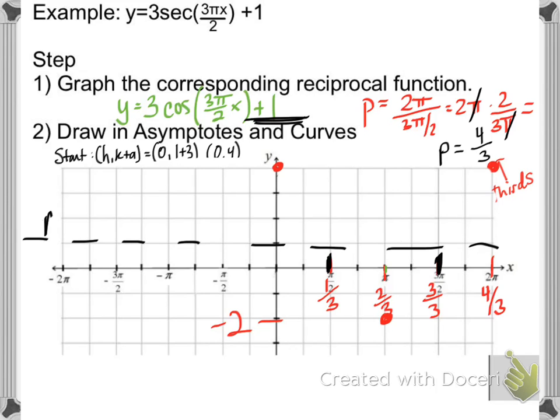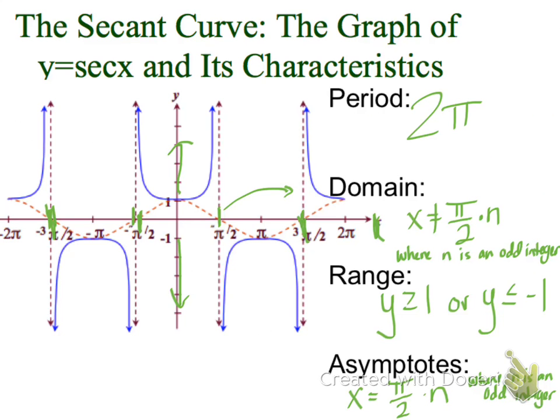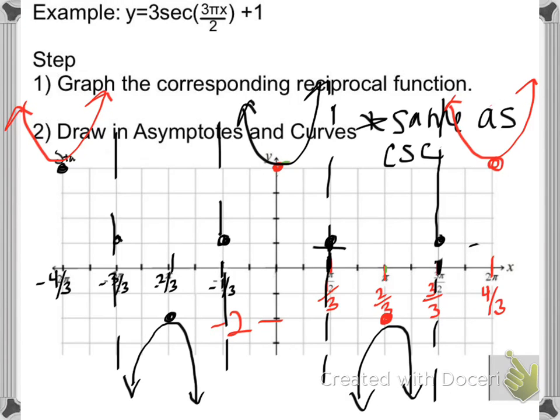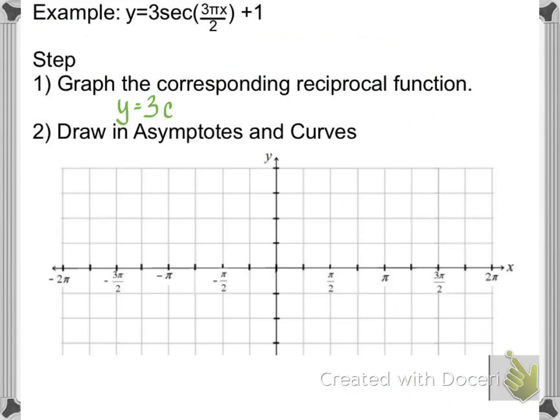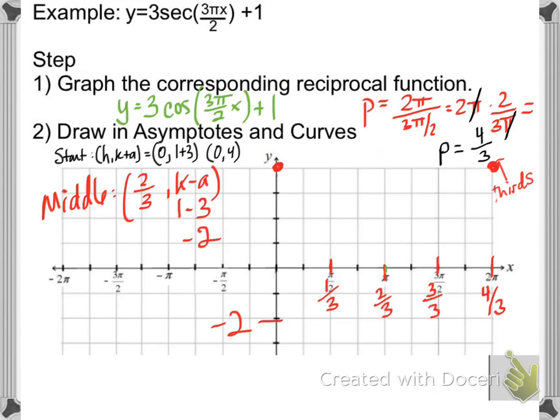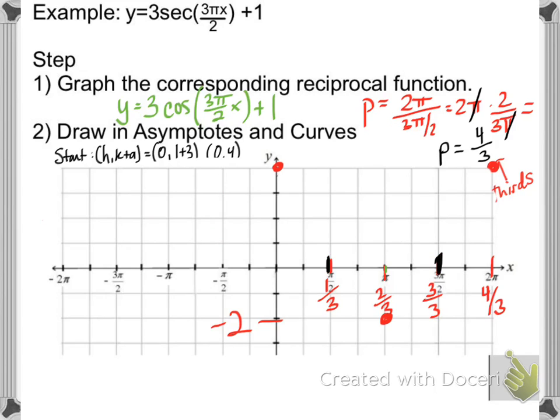Now, the next points happen to always be at the k value. The k value is always going to be your midline. And so if I sketch in this k value of 1, so we see a k value of 1, and when I sketch in this midline at 1 for my y value, that's the midline of this wave.